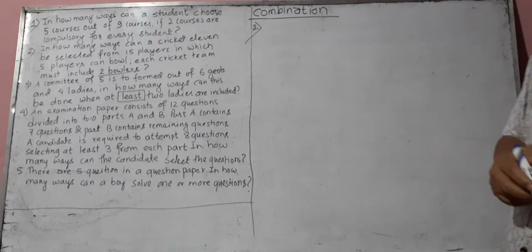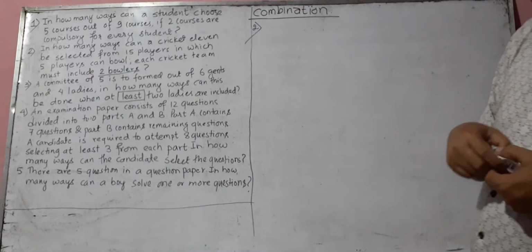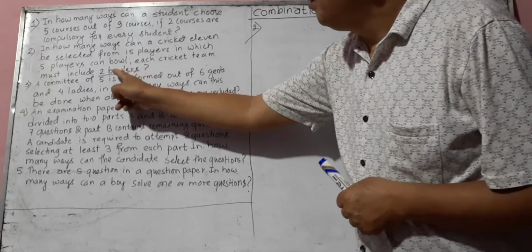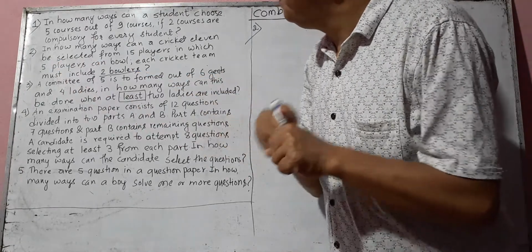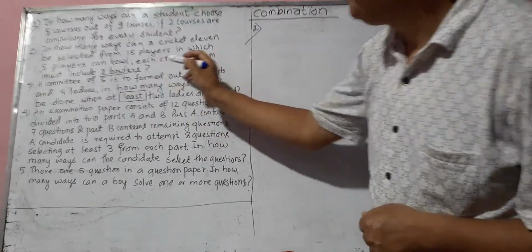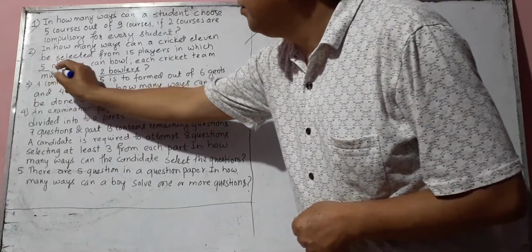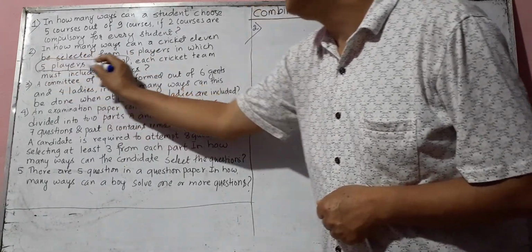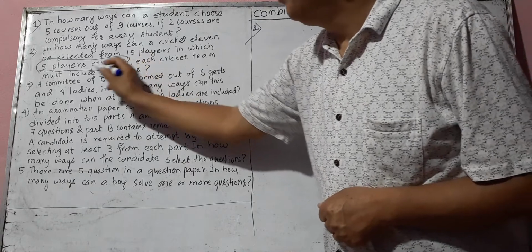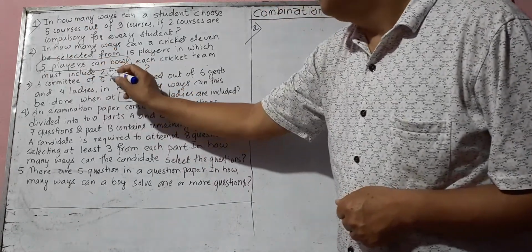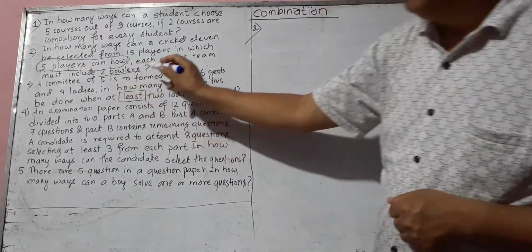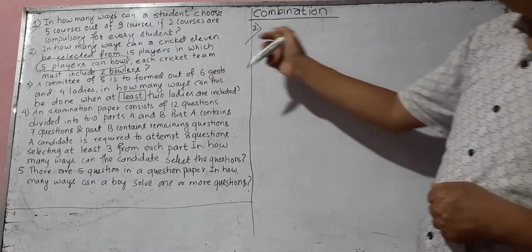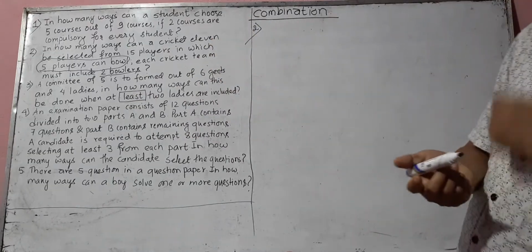These 2 bowlers can be selected from the set of bowlers. 5 players can bowl, meaning the number of bowlers is 5, and 2 bowlers must be included in that team.